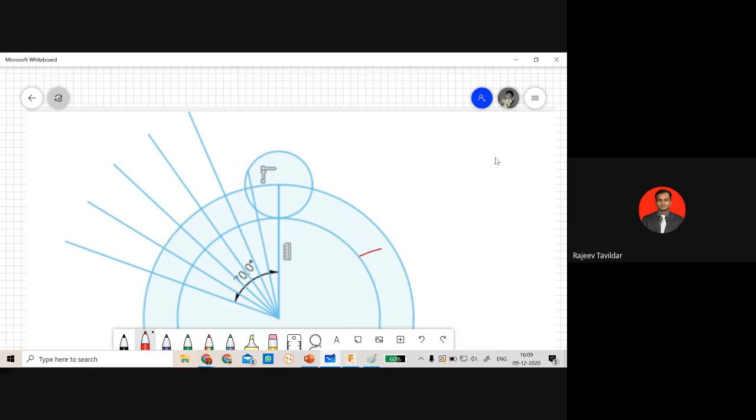First let me write this. This is our base circle. This we are going to call the prime circle. Okay, this is our roller. Okay, and on the base circle, the numbering has to start from say 0, 1, 2, 3, 4, 5, and 6.